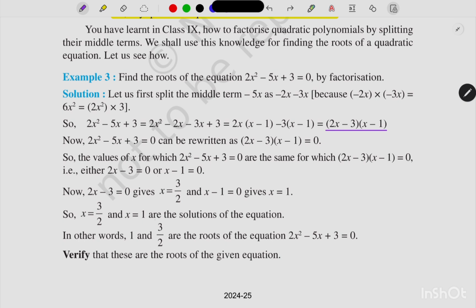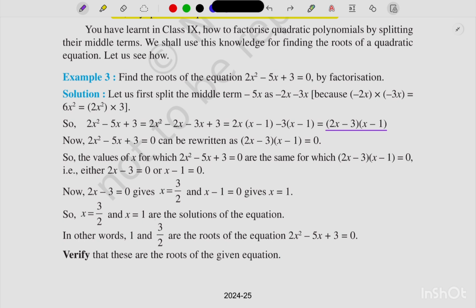The values for which 2x square minus 5x plus 3 is equal to 0 are the same for which 2x minus 3 times x minus 1 is equal to 0. Why? Because 2x minus 3 times x minus 1 is basically 2x square minus 5x plus 3. That's what we factorized.